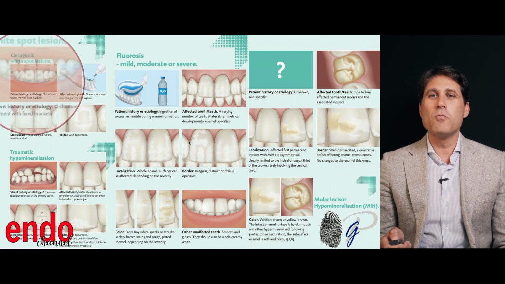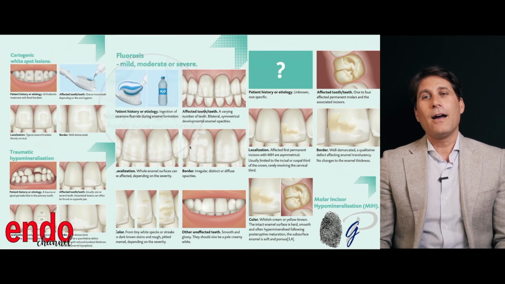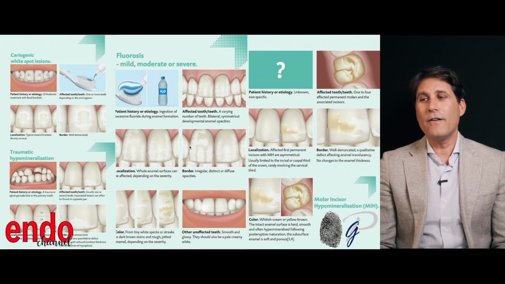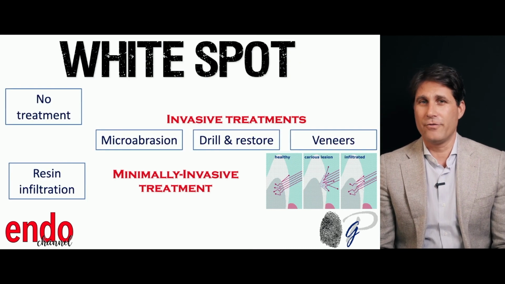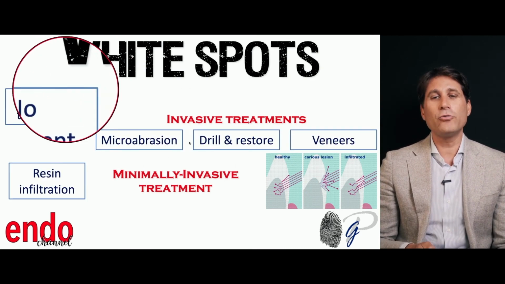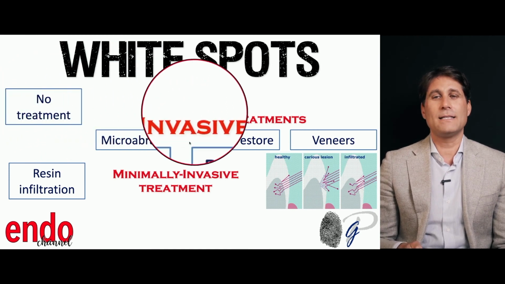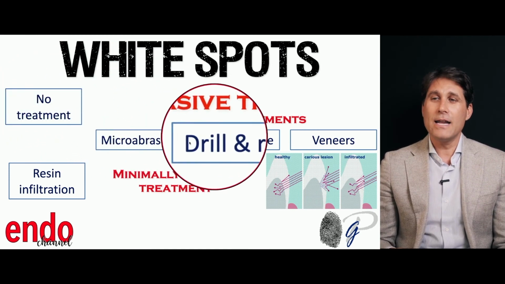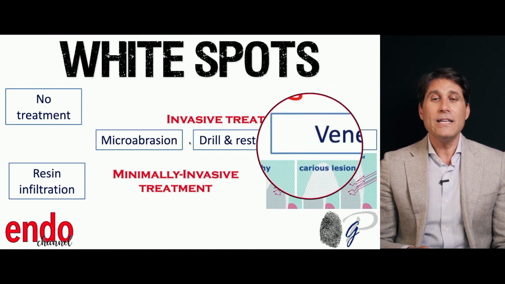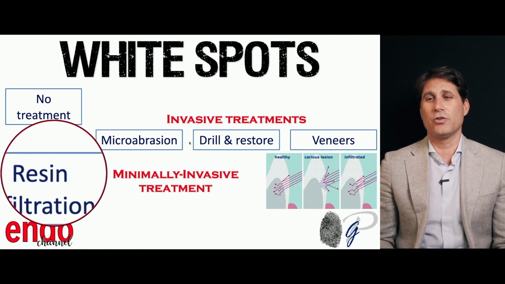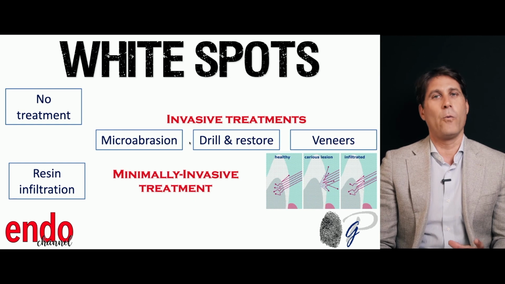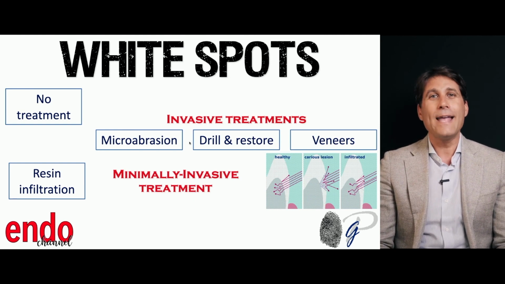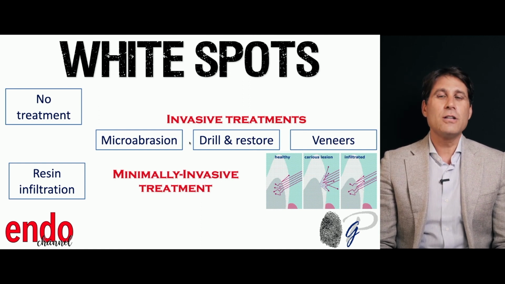In cases of mild to moderate fluorosis, we can approach these cases with this innovative, minimally invasive treatment, rather than a more invasive treatment. So passing from no treatment to the invasive treatments made by microabrasion, drilling and restoration, or veneers, we have this solution, resin infiltration, the minimally invasive treatment that permits us to try to remove this white spot lesion and to obtain aesthetically good results for our patient without touching the teeth.